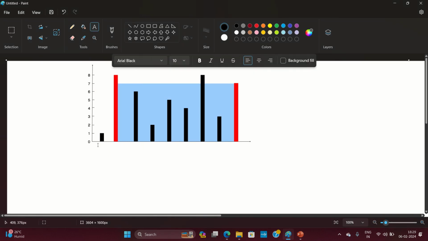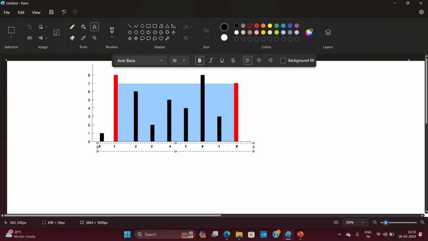So this is your index 0, then you have index 1, index 2, index 3, index 4, index 5, index 6, index 7, and index 8.